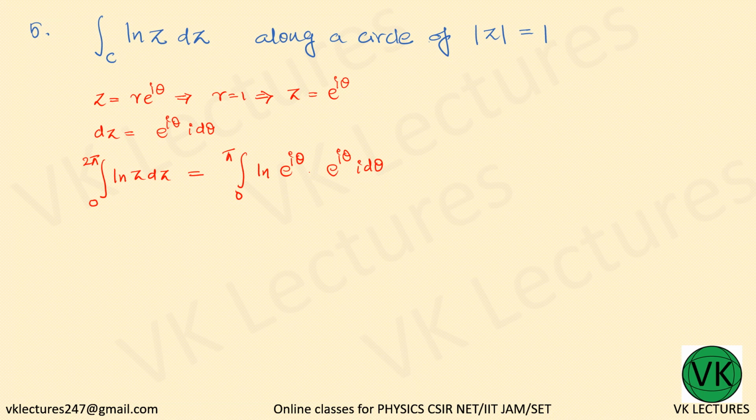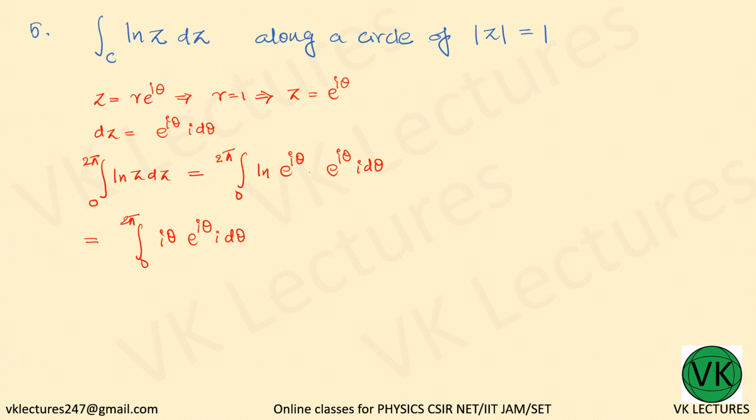So log e to the power i theta is i theta, so that's equal to integral from 0 to 2 pi of i theta times e to the power i theta i d theta.